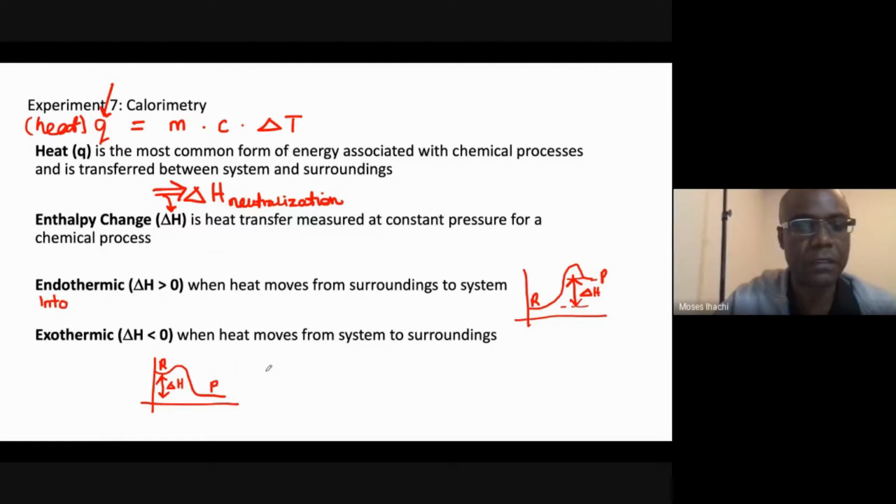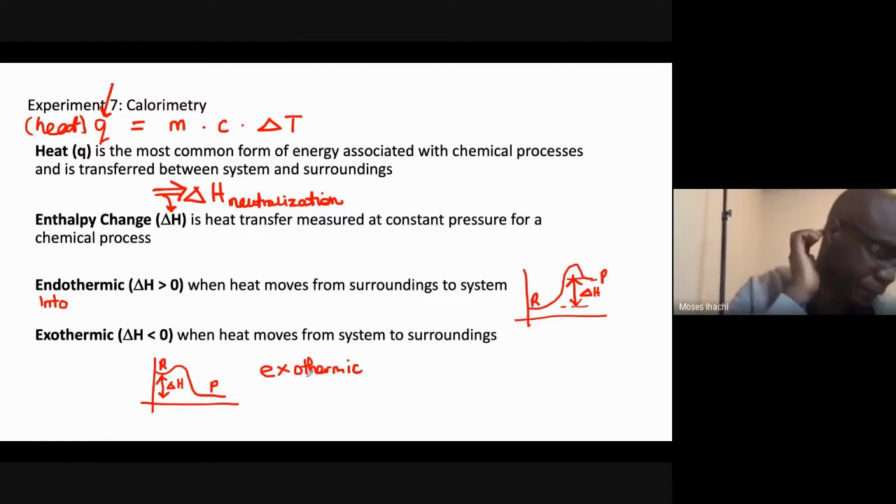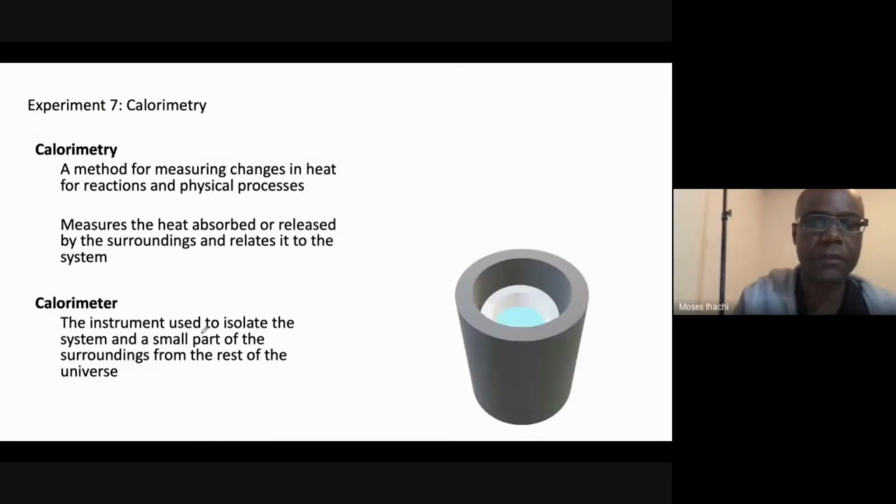So such a reaction is said to be exothermic. Heat is lost. So that's how we define exothermic and endothermic. Obviously, you see delta H is less than 0. Heat energy is lost. Okay, so now let's continue.